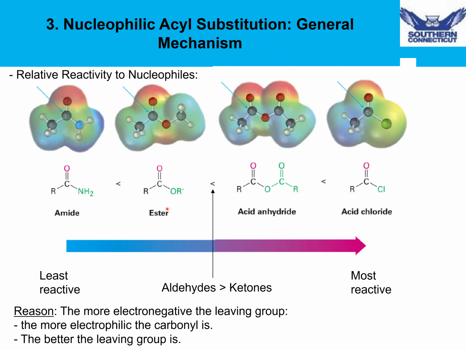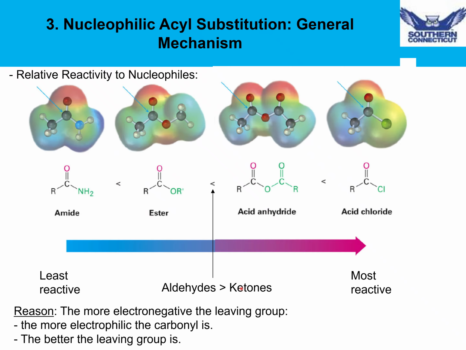Carboxylic acids, if you're wondering, depends on the reaction, but they're somewhere between an ester and an amide. Sometimes they're put around where the ester is, sometimes a little bit less reactive. It kind of depends on the reaction conditions. Aldehydes and ketones, as we just learned, don't undergo acyl substitutions.